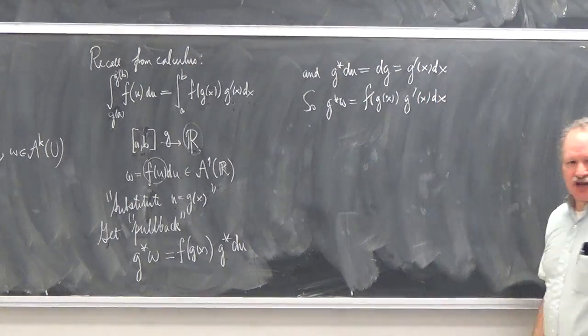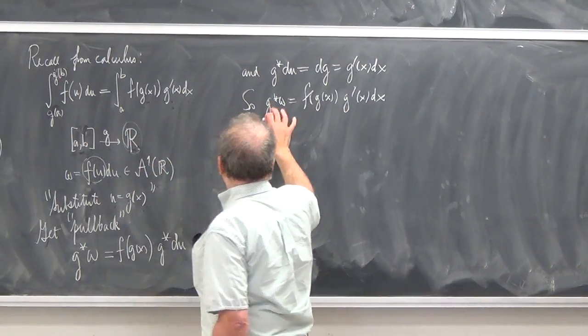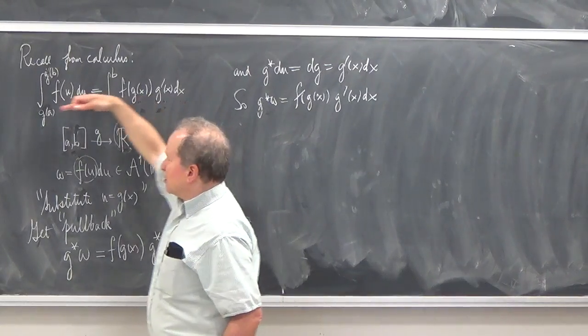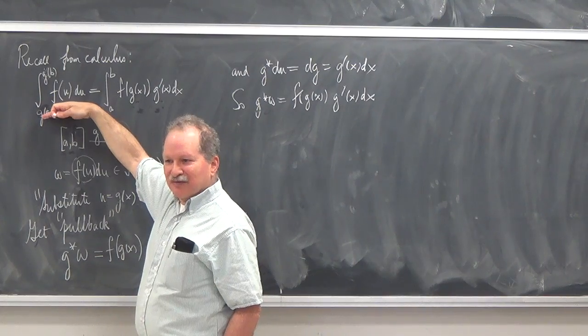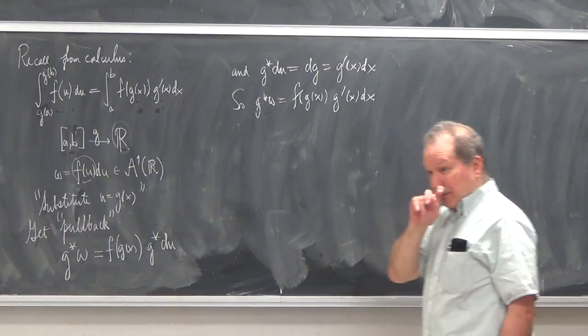And then the magic is, well, the integral of the pullback of omega, which is this one, is the same as the integral of omega. And will that be true in general? And that's going to be true in general. And that's going to be the change of variables theorem, ultimately in general.